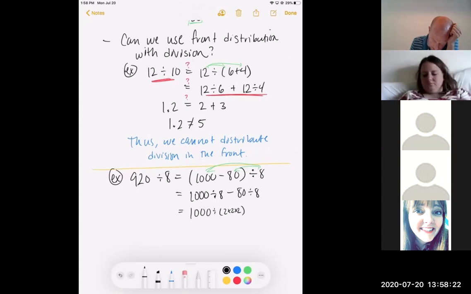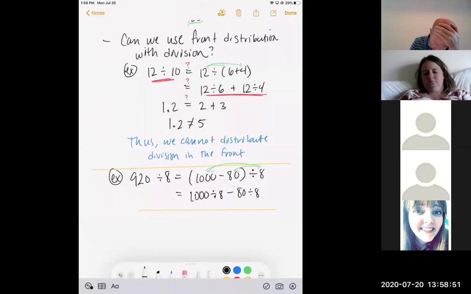If you do that, you break the 8 up into 2 times 2 times 2. What you're really doing is halving the 1000 3 times. So hold on, let me try it this way.